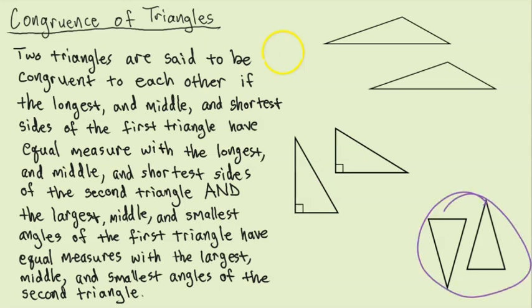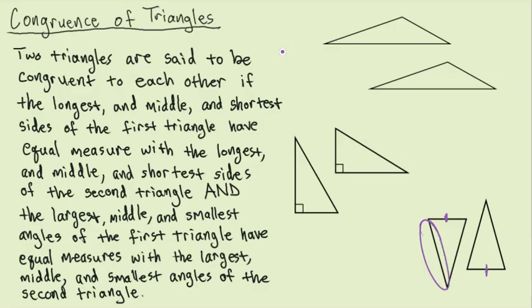Now this one down here is hard to determine because we can see the shortest side here and here. But this side here and this side here, they look very similar. And it's possible that those two are equal, and that would mean that this is an isosceles triangle. If that's true, then we just call both of the sides the longest side or the shortest side or whatever, okay?